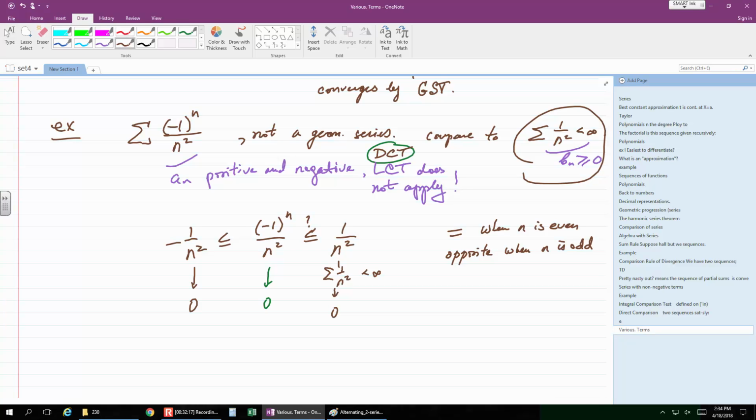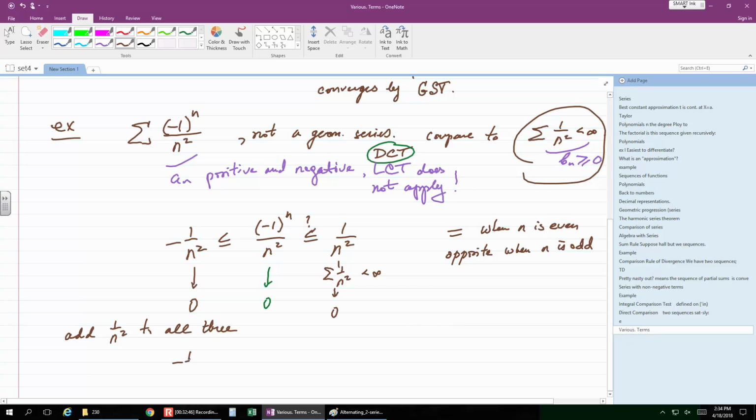We subtract. What do we subtract here? Okay, we add 1/n squared. So add 1/n squared to all three parts, which means that the inequality will still be the same.